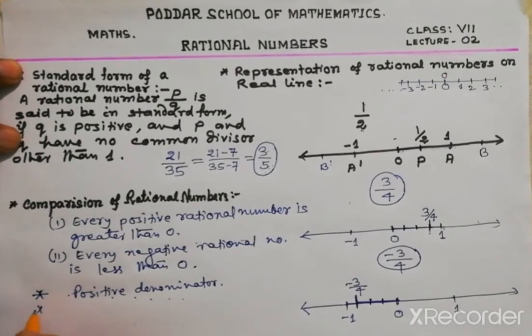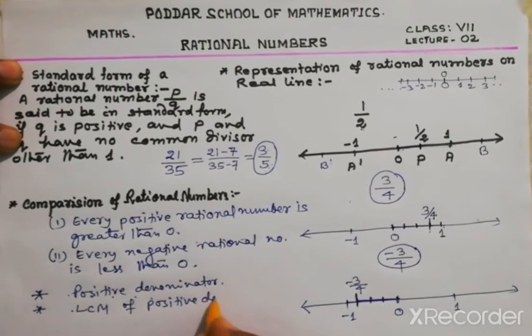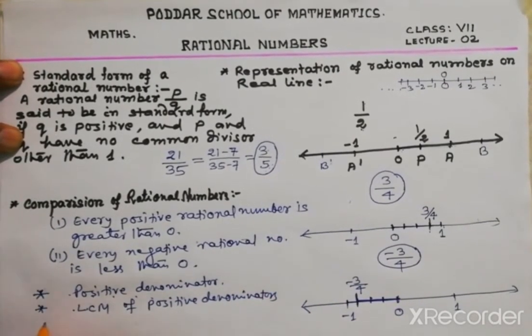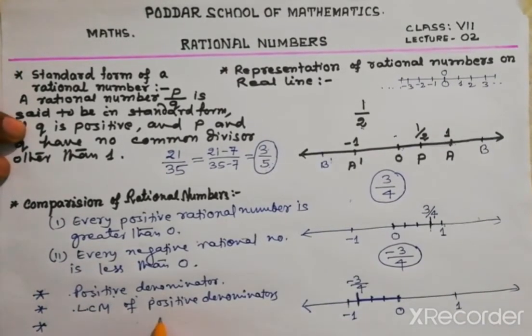दूसरा, take the LCM of these positive denominators. थर्ड पॉइंट, express each rational number obtained in the first step with the LCM as the common denominator.